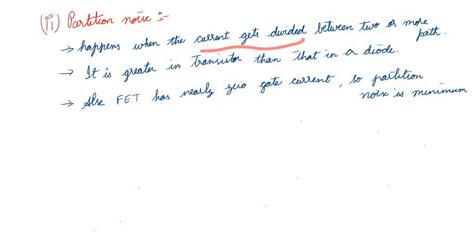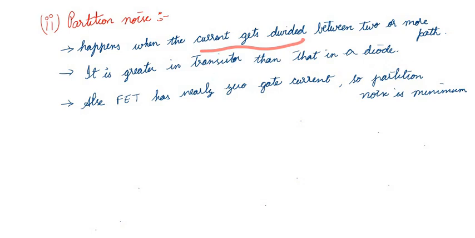Since there are more terminals, the current will be divided among the terminals. That's why partition noise is greater in a transistor but smaller in a diode. In a diode we have only the cathode and anode, so there is no division of current. But in a transistor, emitter current is equal to collector current plus base current. The current is getting divided.